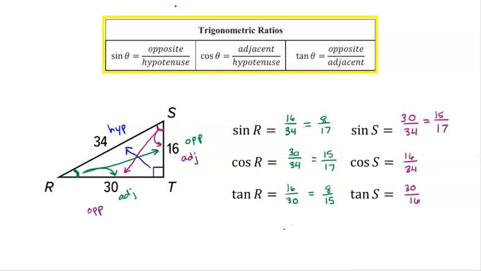So this is going to be 15 over 17, 8 over 17, and then this one is going to be 15 over 8.